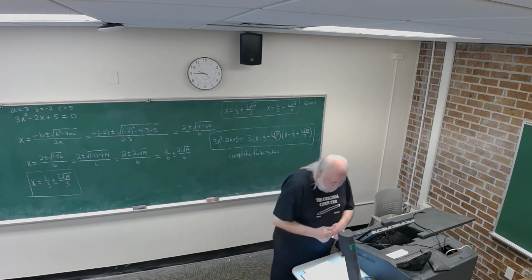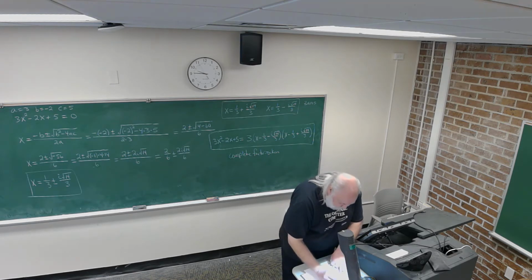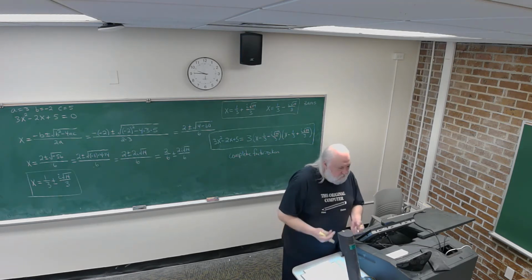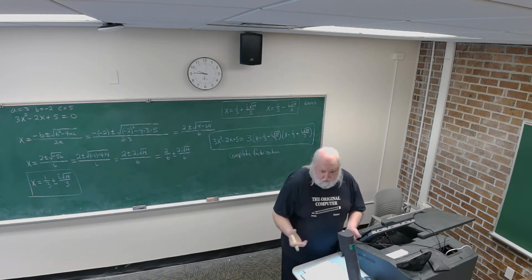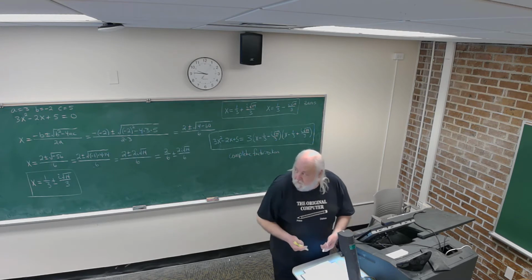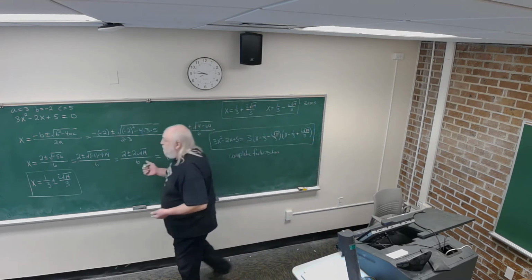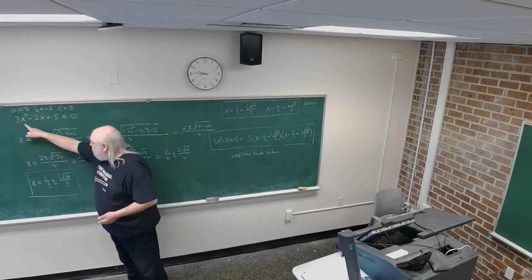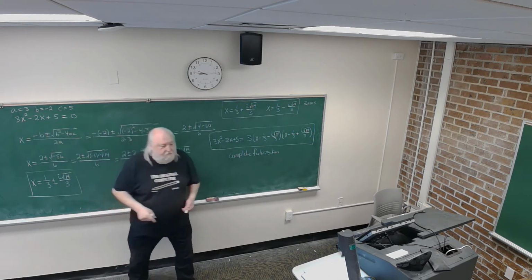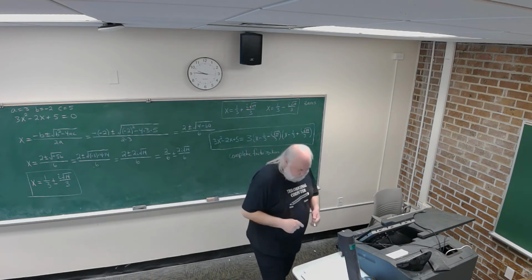Let f of x be a polynomial function that has real coefficients, right? So there's an area of mathematics where we study polynomial functions that can have complex numbers for coefficients, but we're only dealing with real coefficients, right? So in this example here, the real coefficients are 3, minus 2, and plus 5. They're not complex numbers.